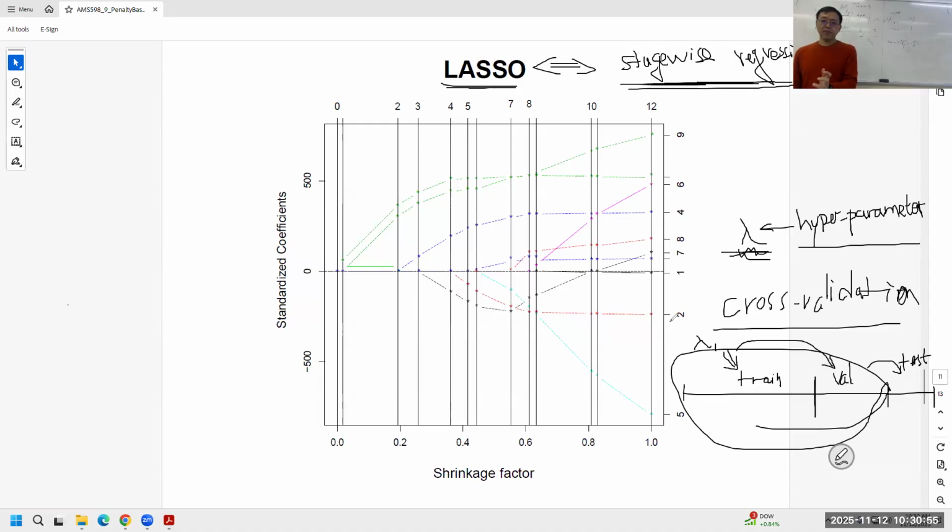Stage-wise selection is a little different. In the first step, you have x1 up to xp, and you do a regression with one variable for each of them. Say xj is the most significant one. Unlike forward selection, you include xj into the model with only a small coefficient, like 0.01.